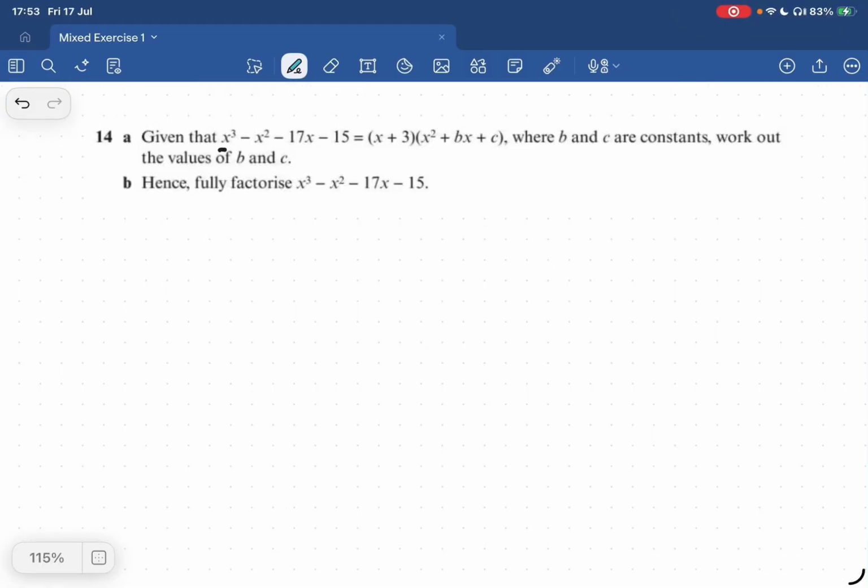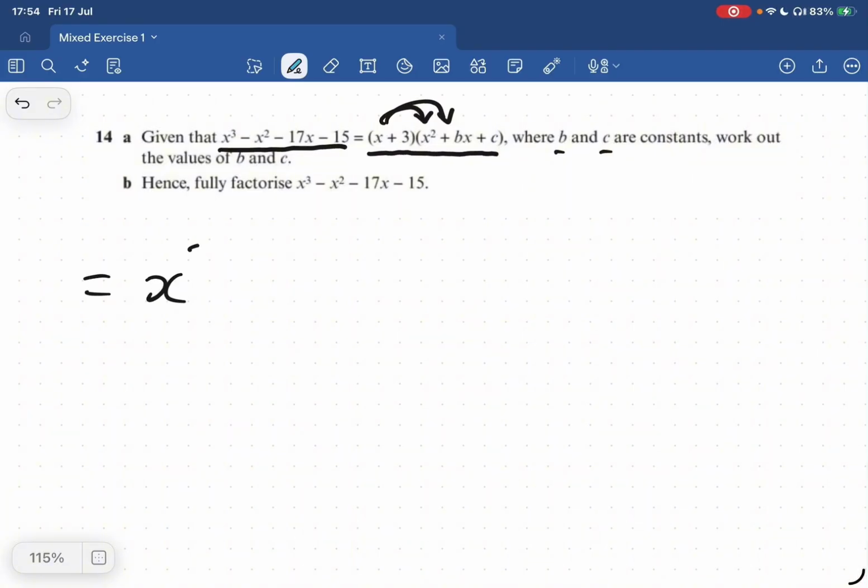Question 14, we've been given a cubic and we've been told that it equals this expression. Okay, but we don't quite know b and we don't quite know c, and we've been asked to figure them out. Well, we can do this by comparing coefficients. If we were to expand this, trust me, it'll go quite well.